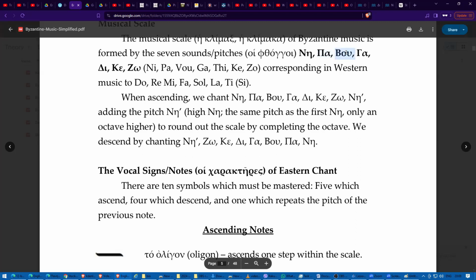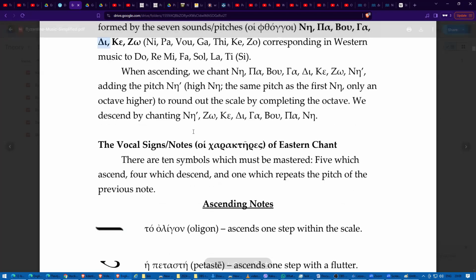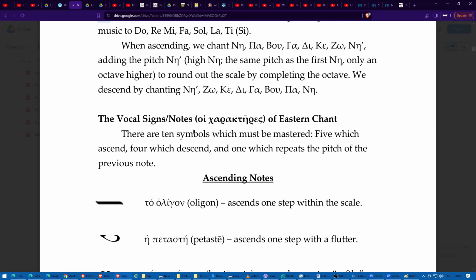Or if we're at vu and we want to go up by 2, then we need to instinctively know that we go from vu to vi. And so on. These are things that we will come across in just about every lesson.